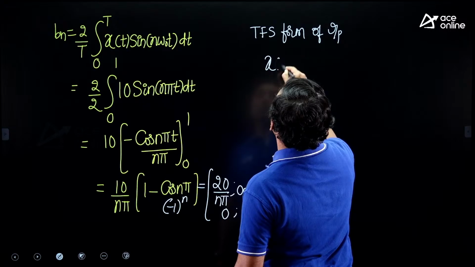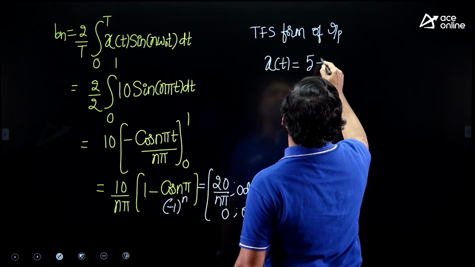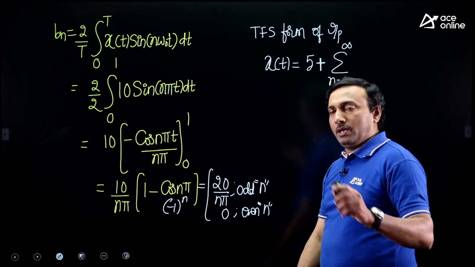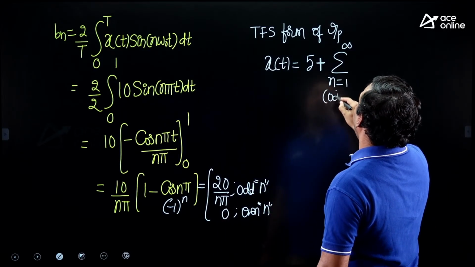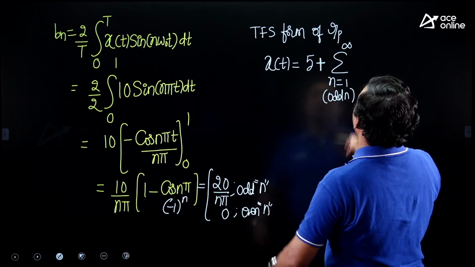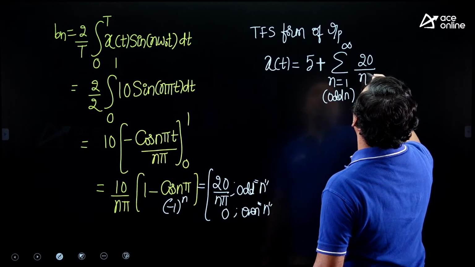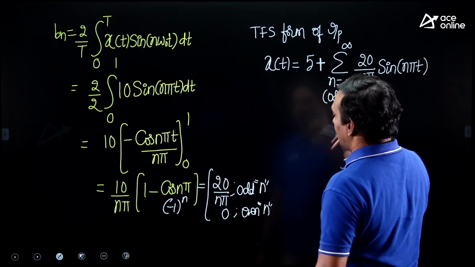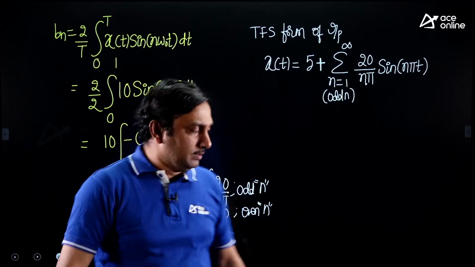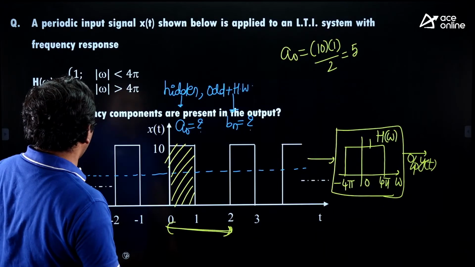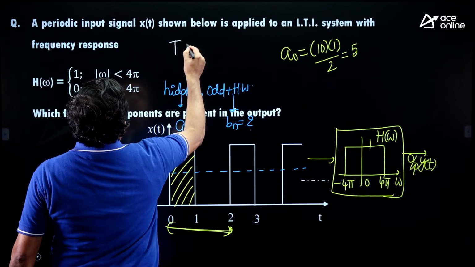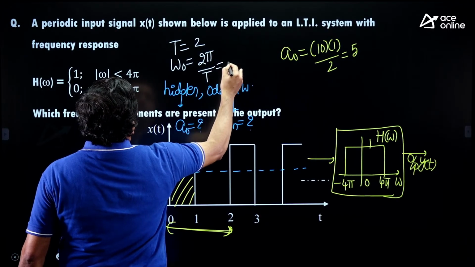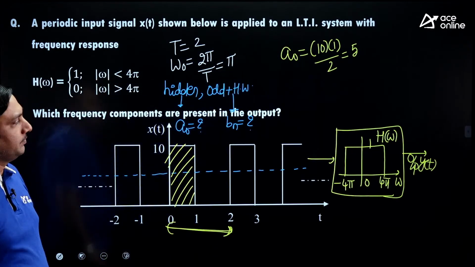For that waveform, you can say A0 plus, that means 5 plus sigma n equals 1 to infinity. No an, 0. Bn is strictly valid for odd harmonics, 20 by n pi sin n pi t. Why am I writing omega naught as pi? Time period is 2. Omega naught becomes how much? Omega naught becomes pi.